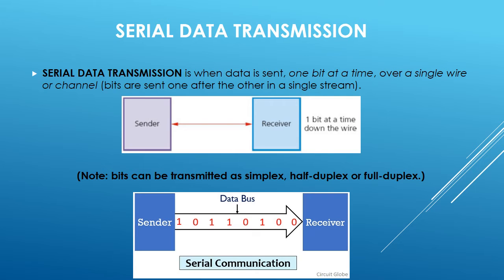That binary value will be transmitted towards the receiver bit by bit through the wire or through the data bus. So for example, if it is the binary value 10110100, each bit will be sent one by one in serial transmission or serial communication.